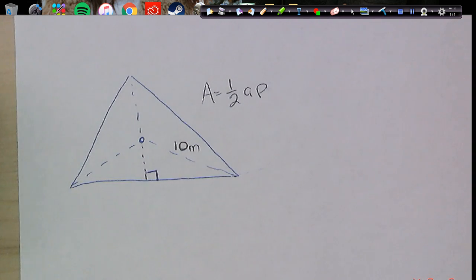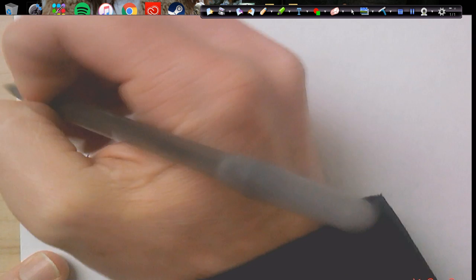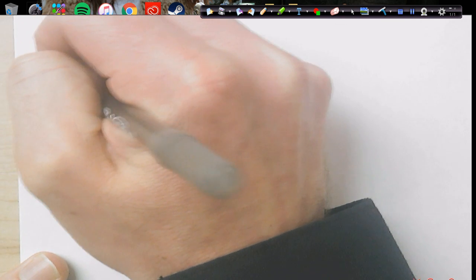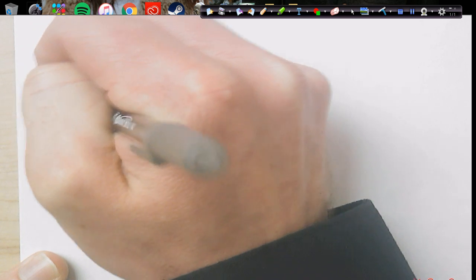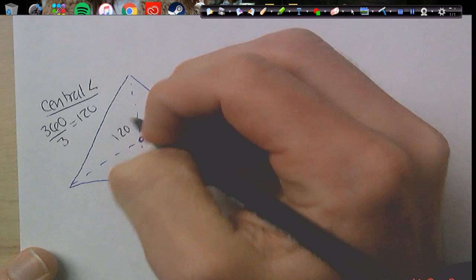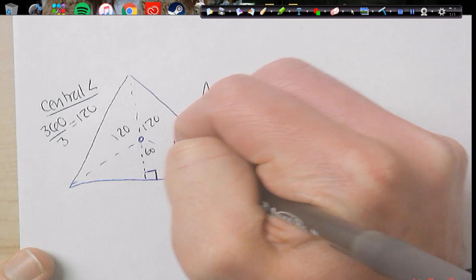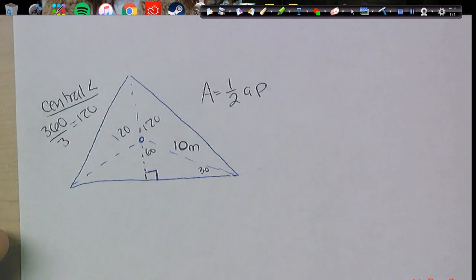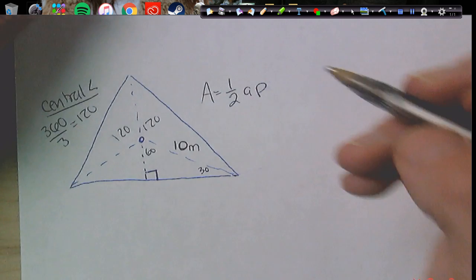Okay, so again, to find our central angle, 360 here divided by 3 is going to give us 120. And then we're going to take half of 120 is 60, so we got 30, 60, and 90. Now I drew this triangle big enough where I could actually lay out my pieces.